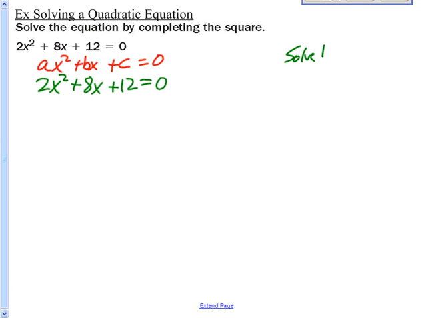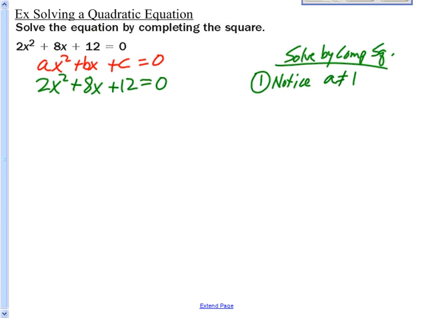I'm going to solve by completing the square. Notice that the a is not equal to 1. We're going to have to force that.